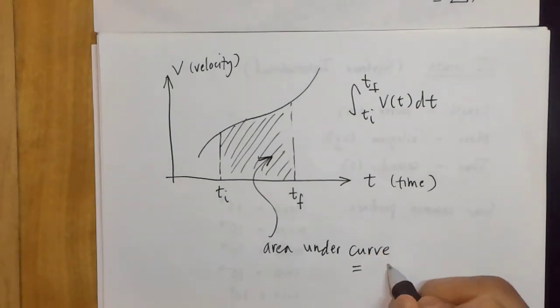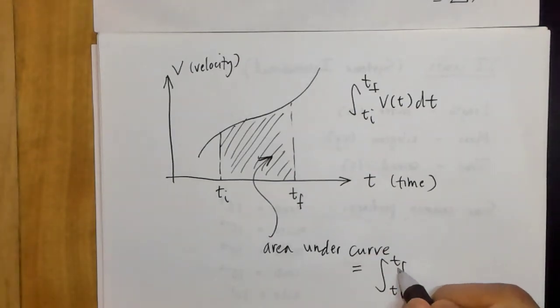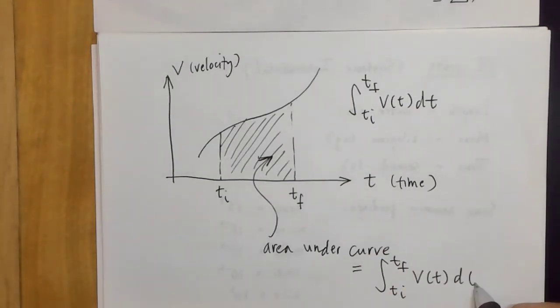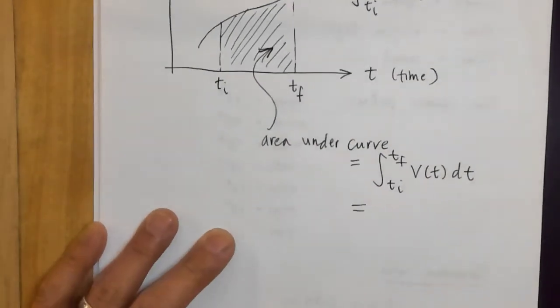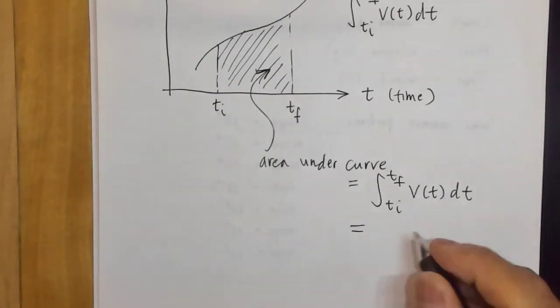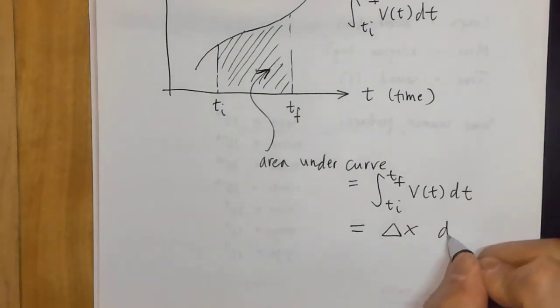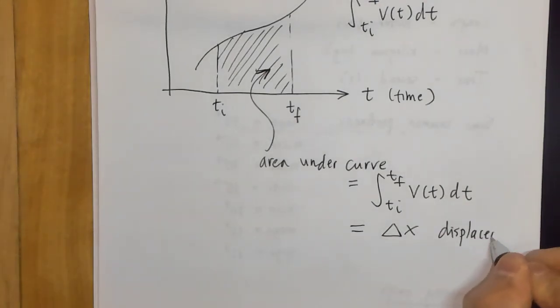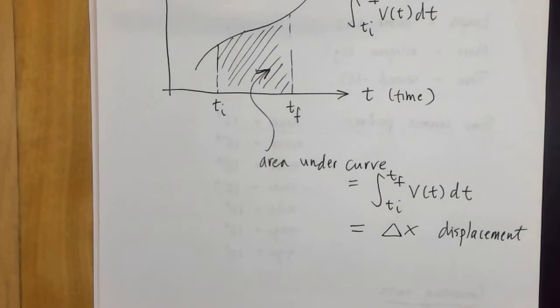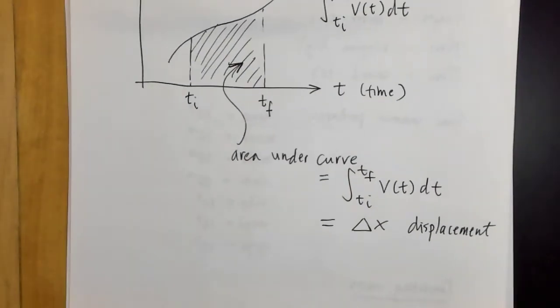We said it is equal to this time integral, v of t dt. But we just wrote that this is equal to delta x, the displacement. Everybody following me on this?